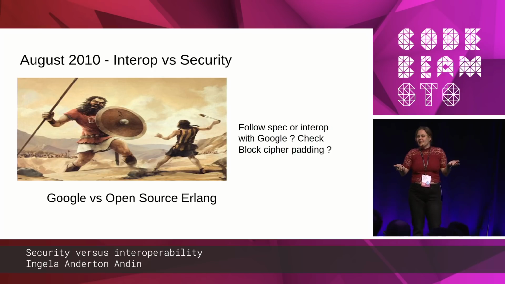At the time, there was no known problem with not checking the block cipher padding. Actually, in SSL 3.0, it wasn't even part of the spec. And not interoperating with Google, that is not really great for business. So we didn't follow the spec. We took out the check to interop with Google.